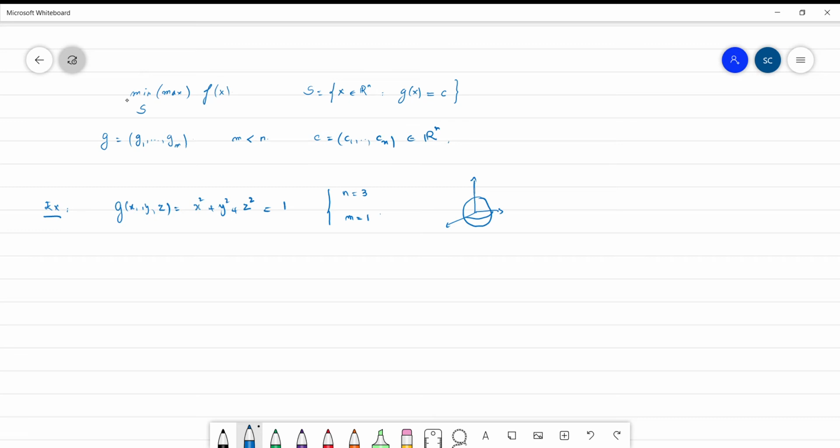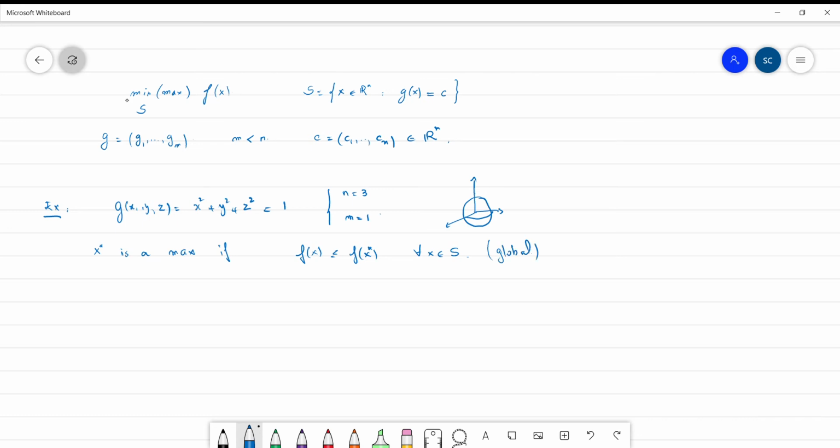I will say that an x star is a solution, let's say a maximum point, if and only if we can check that f(x) is less than or equal to f(x star) for any x in the set S. This is for a relatively global extreme point.